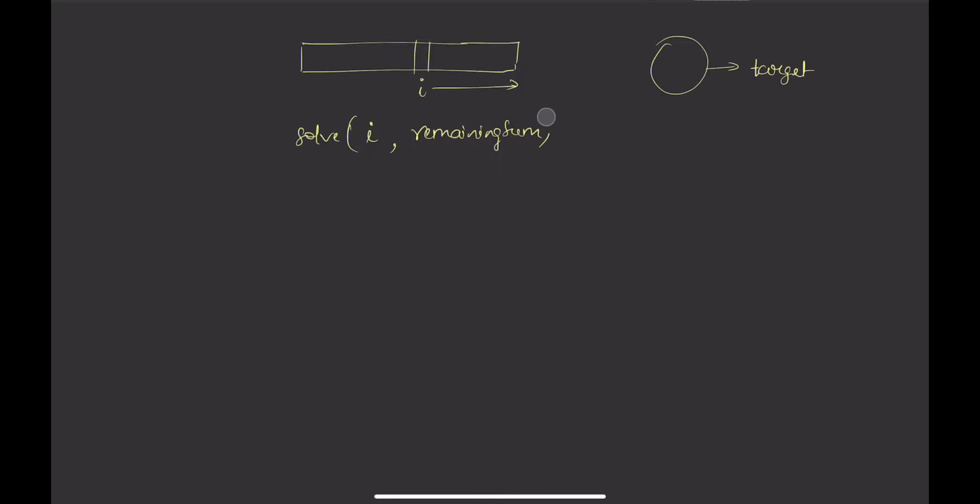I need to store that also. So I can say current bucket, which holds all those elements which I have taken to get the target minus remaining sum.